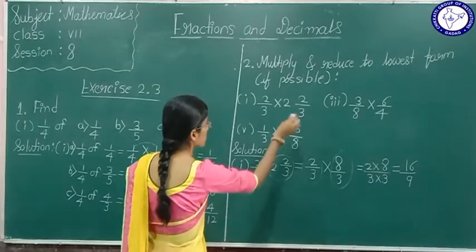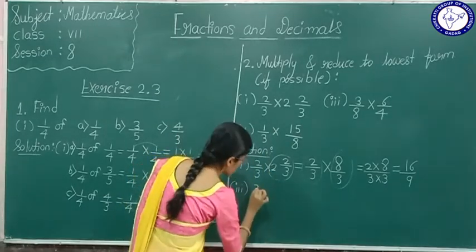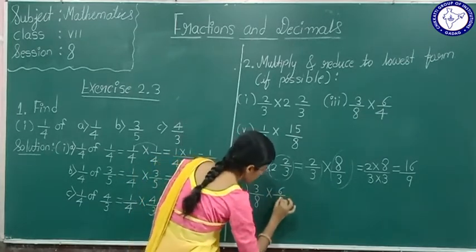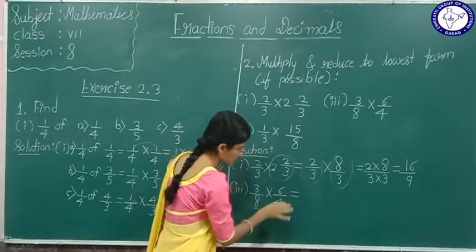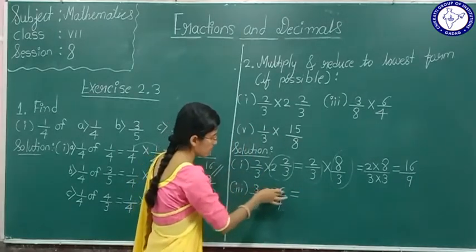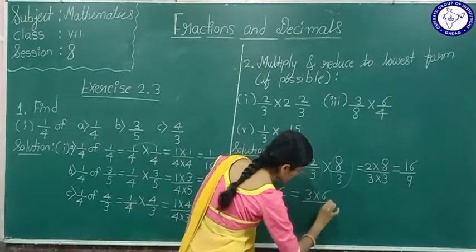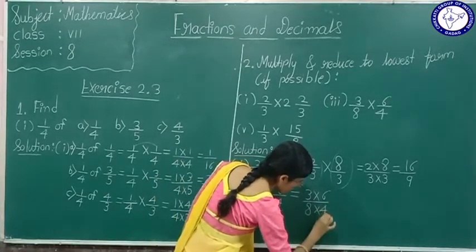Now see the third one: 3 by 8 multiplied by 6 by 4. Multiplication of a fraction with a fraction: product of numerators, that is 3 multiplied by 6, divided by 8 multiplied by 4.